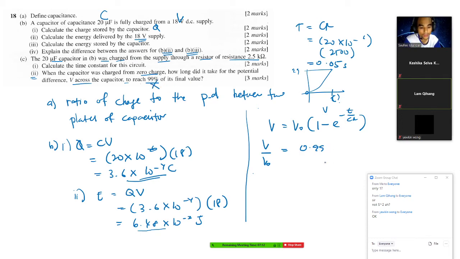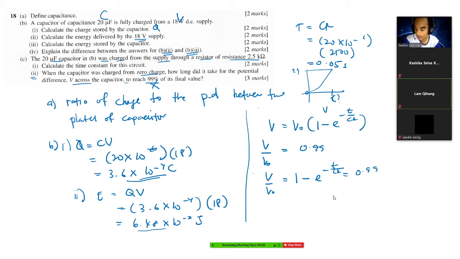So V over V naught is actually 1 minus e to the power of negative T over CR. So the whole thing is 0.99.